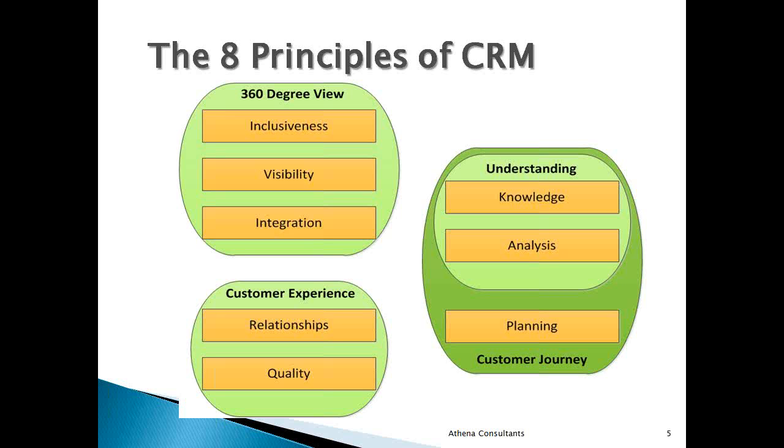You have to make all those interactions visible to everybody in the organization, and you have to integrate all your systems together. The next bit is understanding what you do with the data. You have to gather knowledge, you have to analyze it, you have to plan, then you've got your relationships, the actual interaction with the customers, and this is another one of the places where things go wrong.